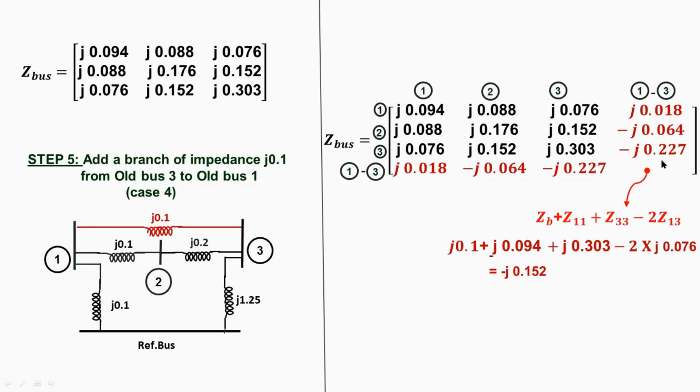Now check the order of the matrix. Here the order of the matrix is 4. The number of buses in the system is 3 except the reference bus. The number of buses and the order do not match. So this matrix is not the actual impedance matrix of the system. So we want to eliminate the last column and last row by using the elimination formula.